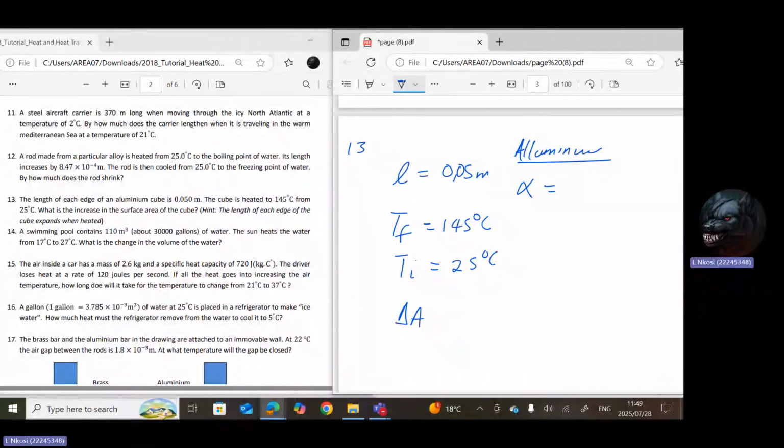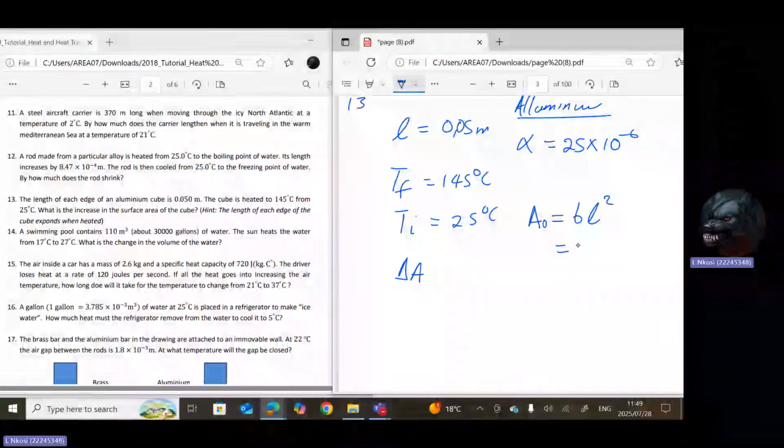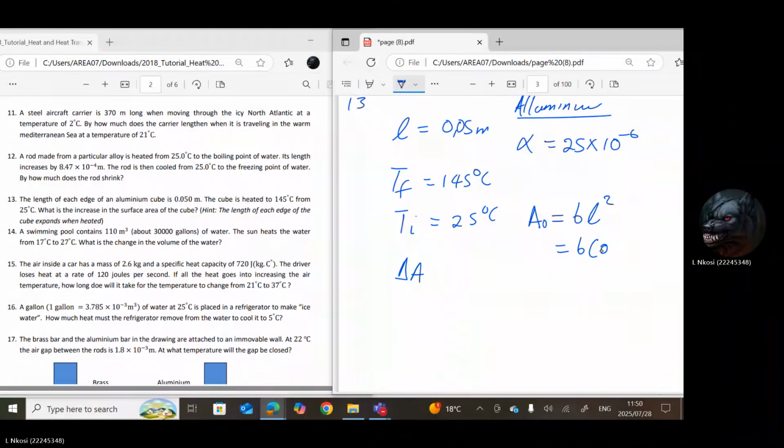Aluminum, yeah, it's 25 times 10 to the minus 6. So for the change in area, we must first find the original area. The original area is 6L squared. That's how we calculate the area of a cube.